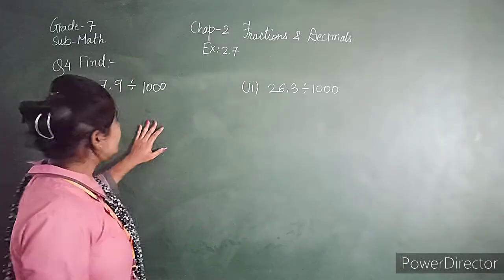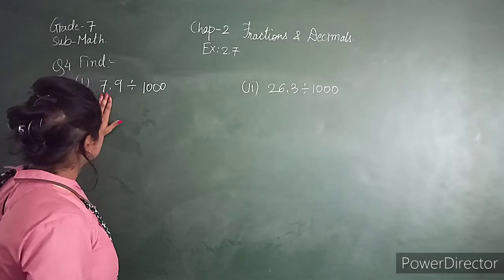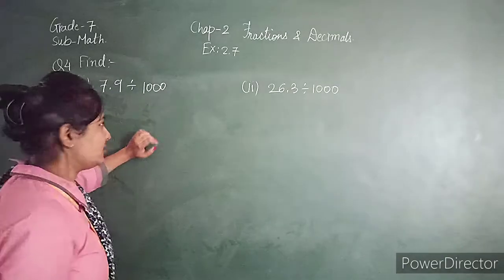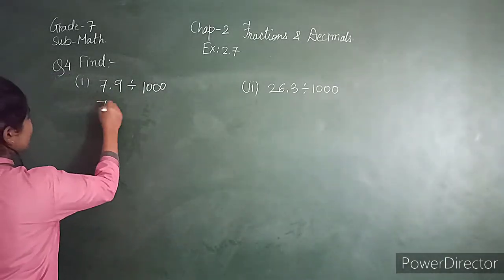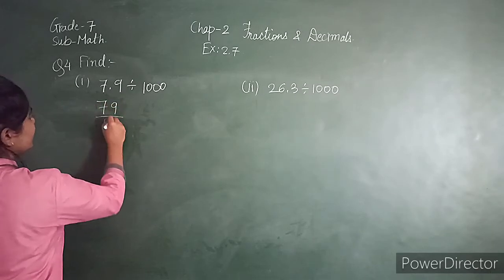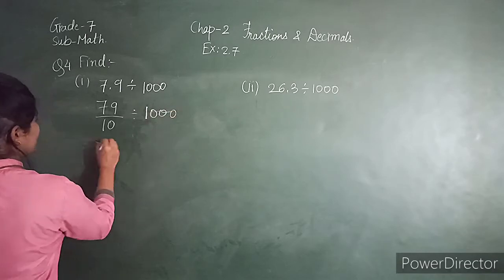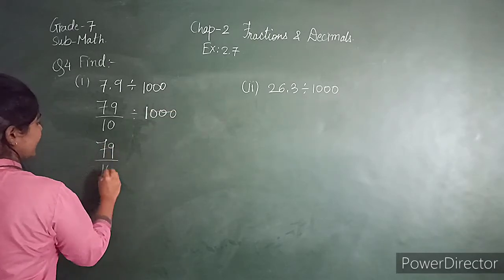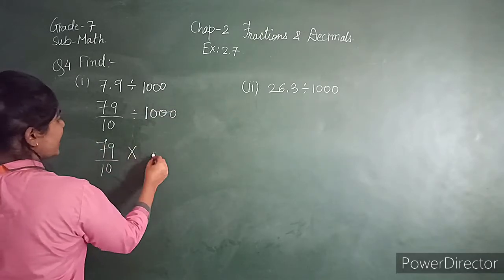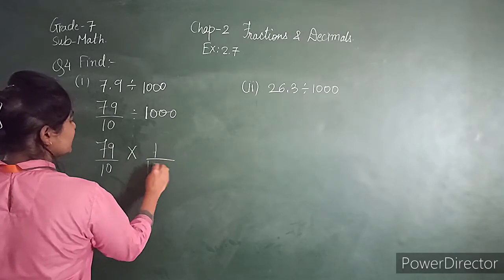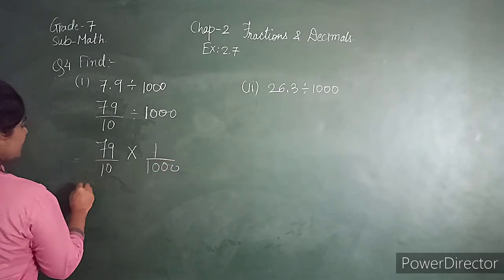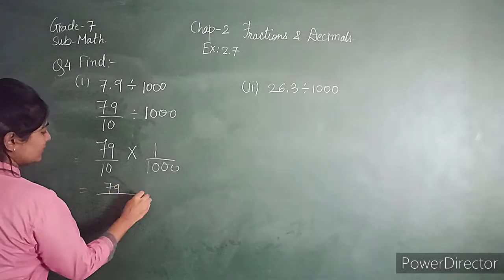0.9853. So now come to question number 4. First number is 7.9 divided by 1000. So here if I remove this point, so it is 79 upon 10 divided by 1000. So 79 upon 10. If I change this sign, then I have to write the reciprocal of 1000. So it is 1 upon 1000. Now 79 upon 1000 into 10.